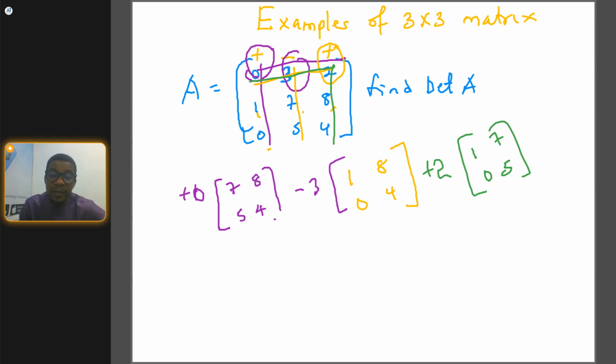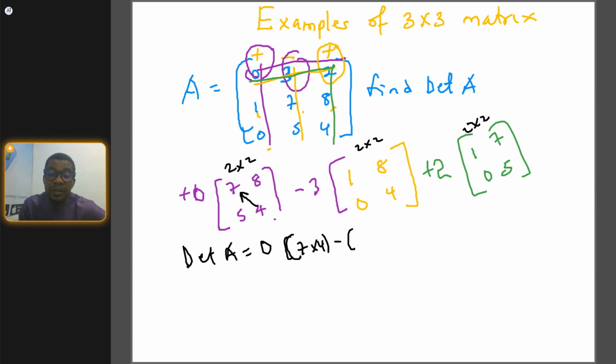Okay, so let's go ahead. Multiplying this. This is another 2 by 2 matrix. So we have the determinant of A to be equal to 0 in brackets, the major diagonal minus the minor diagonal. Major is 7 times 4 minus the minor diagonal, 5 times 8.